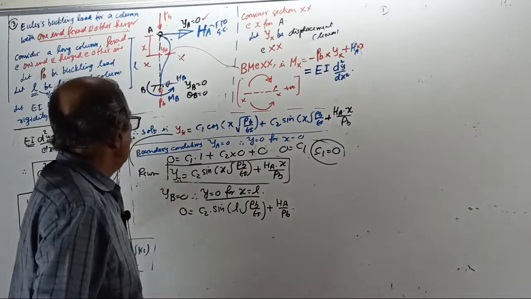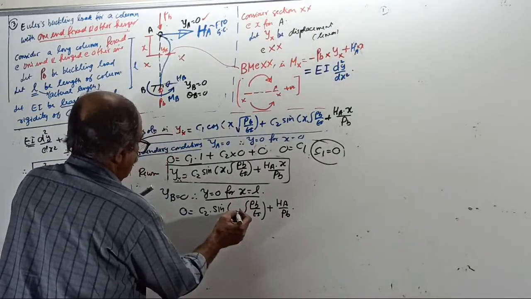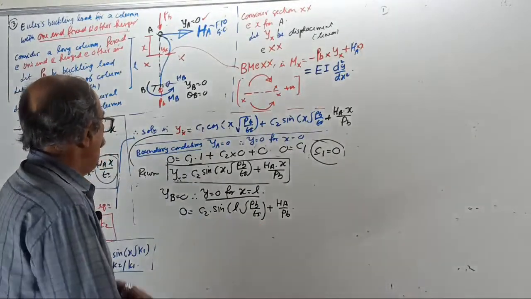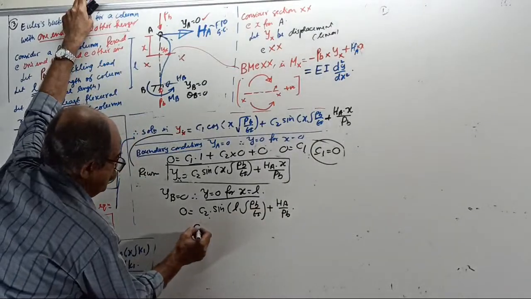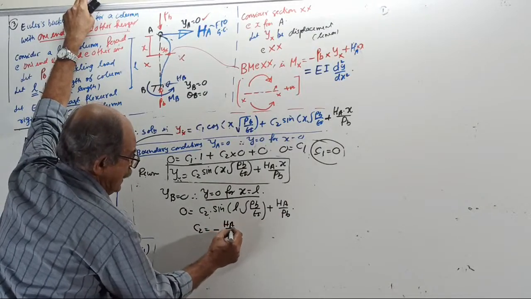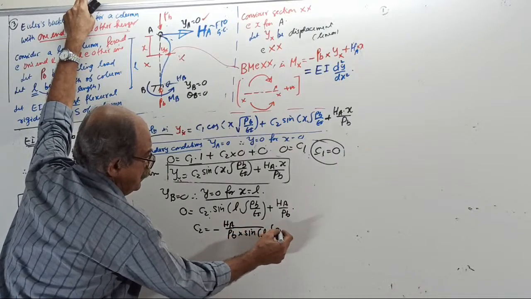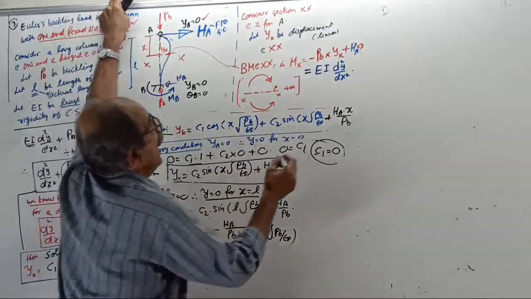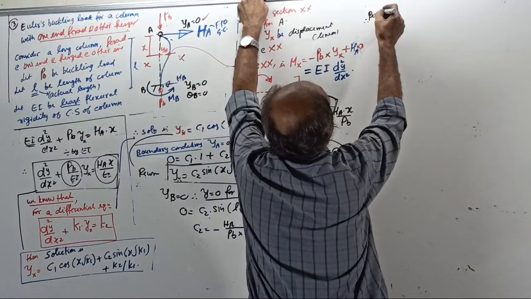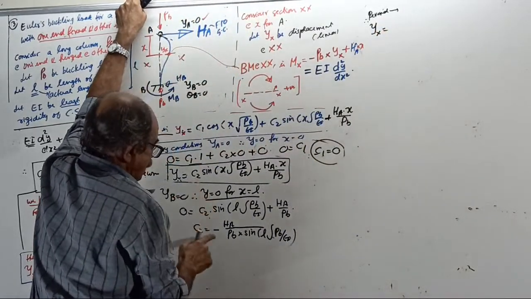0 equal to C2 sine of L root PB by EI plus HA by PB, or your C2 will become, taking the other side, minus HA by PB divided by sine of L root PB by EI. Therefore, your revised equation is Yx equal to, see here, C2. What is C2?